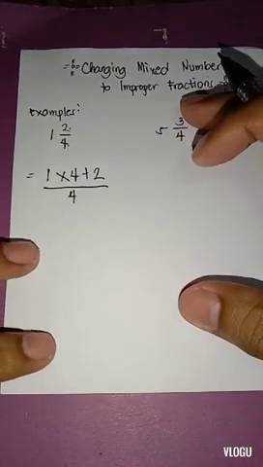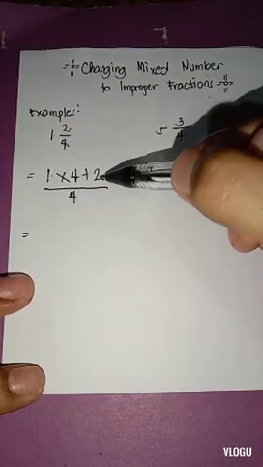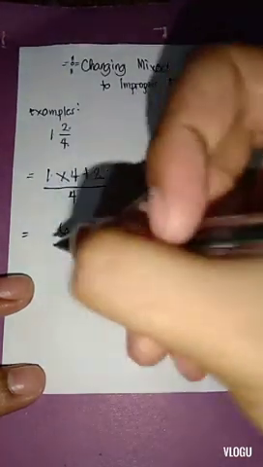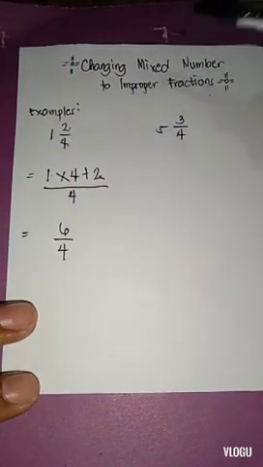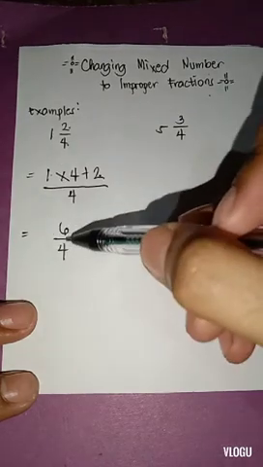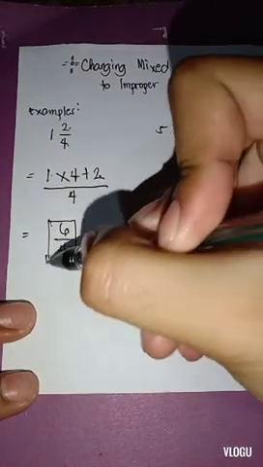So isosolve natin ngayon siya. So 1 times 4 is equals to 4 plus 2 is equals to 6. Therefore, our final answer here is 6 over 4. So ganyan siya mag-change ng mixed number to improper fraction. Mapapansin nyo, improper fraction na yung ating sagot dito. So this is our final answer.